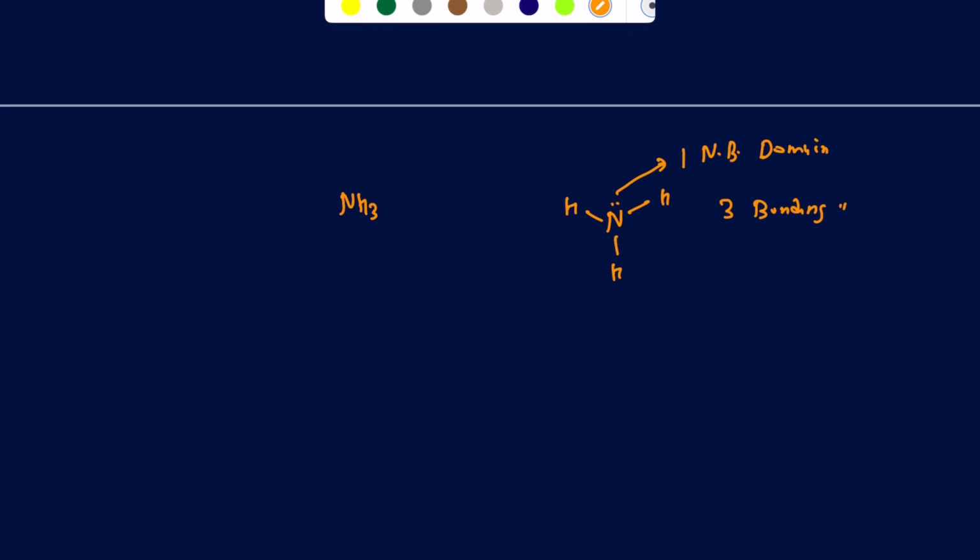Let me give you another example, such as NH3. If you draw the Lewis structure for NH3, this is how it looks, and you typically have a lone pair on that nitrogen at the center. So that means I have one non-bonding domain, or one lone pair, you can say, and then I have three bonding domains on the nitrogen.